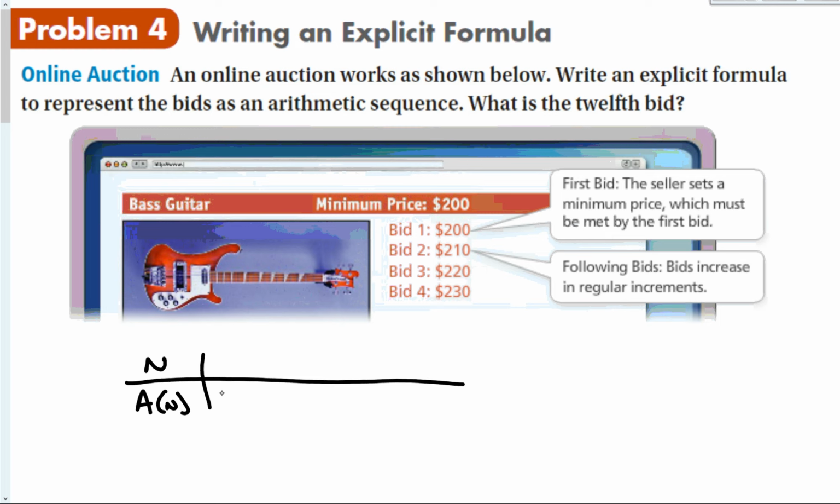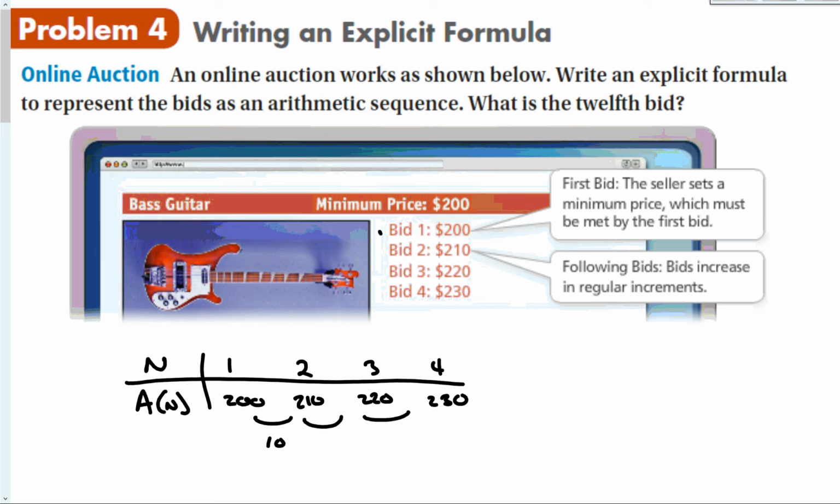At my first term, bid 1 is 200. Then bid 2 is 210. Then 3, 220, 4, 230. And we can see that each one is going up by $10.